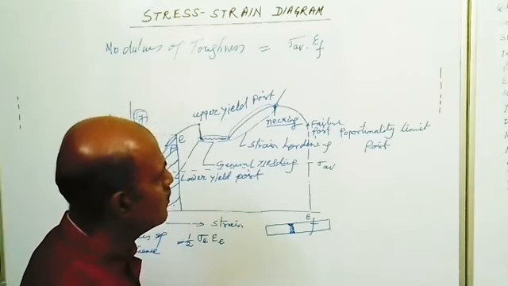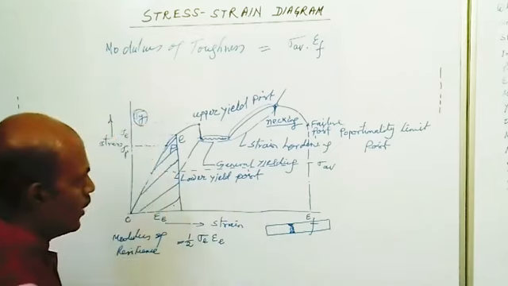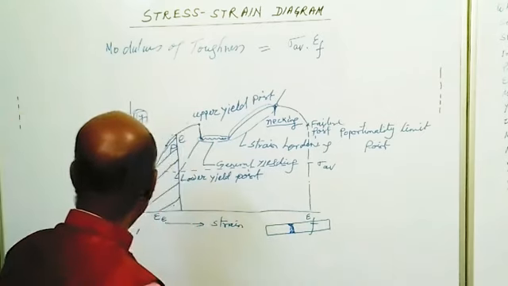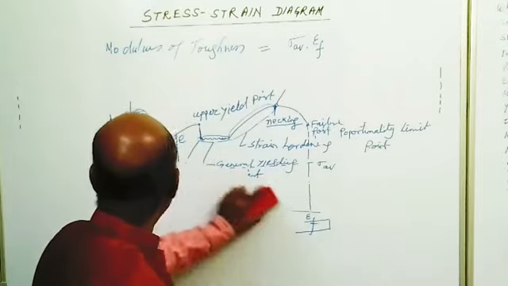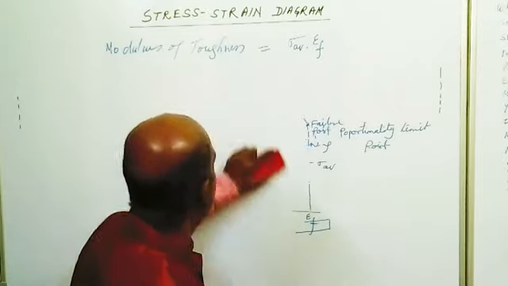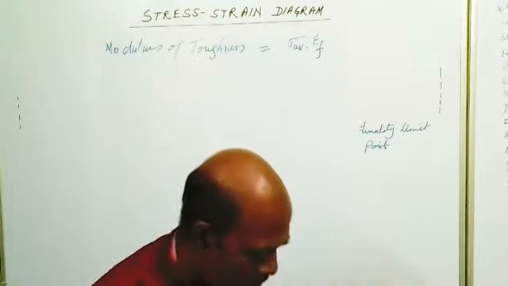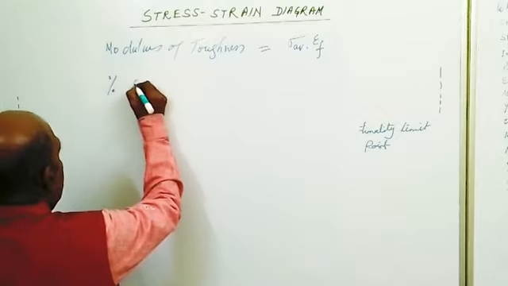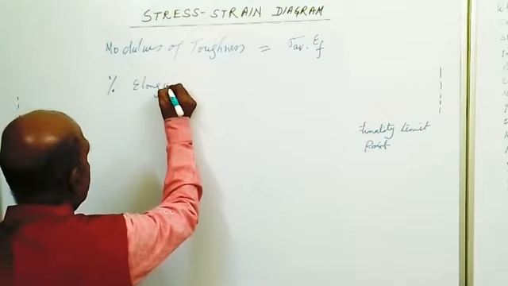Now we will see two more terms, that is percentage elongation and percentage reduction in area. Percentage elongation.